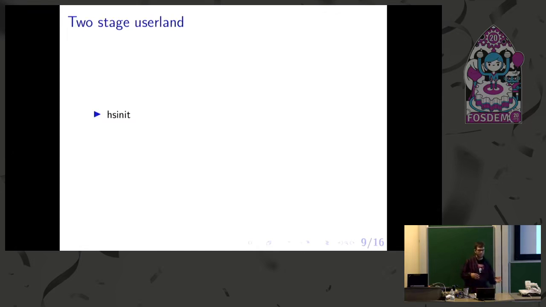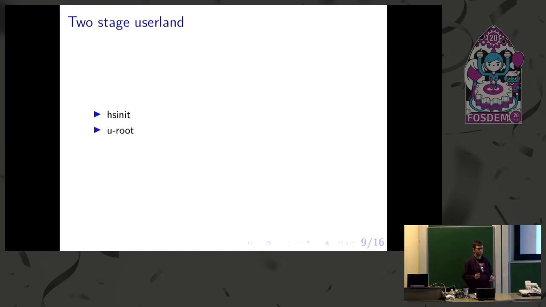The first stage comprises only a tiny init we call half-stage init, which mounts the FAT partition, unpacks the stage 2 archive, executes /init that is expected to be in the archive, and replaces hsinit. There is no limit for the stage 2 archive, except of course the size of RAM, size and speed of storage, and such things.